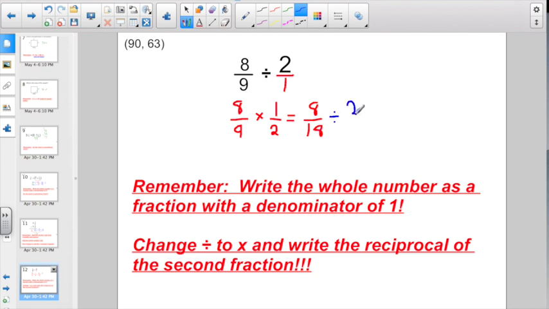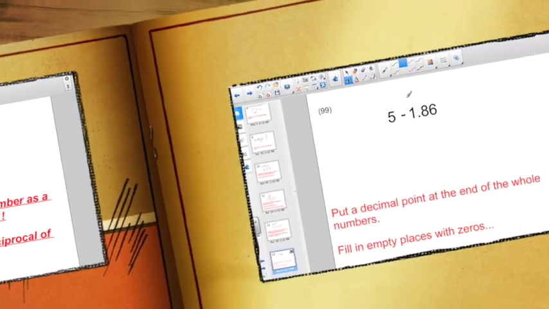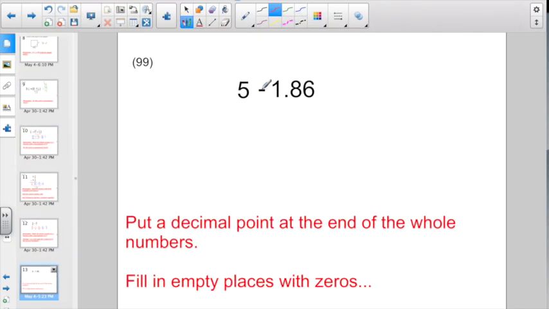Hopefully you see it. That would be 2, right? So 8 divided by 2, that's going to give us 4. 18 divided by 2, that's going to give us 9 for a final answer of 4/9.